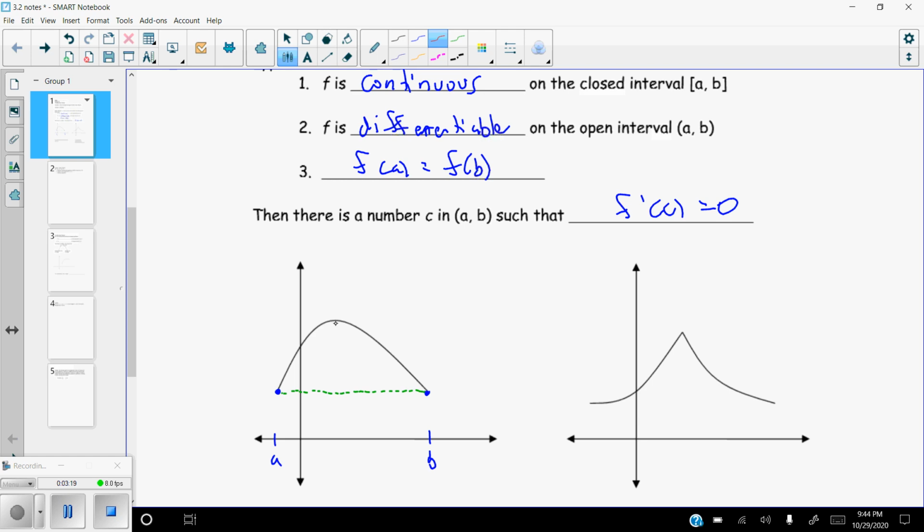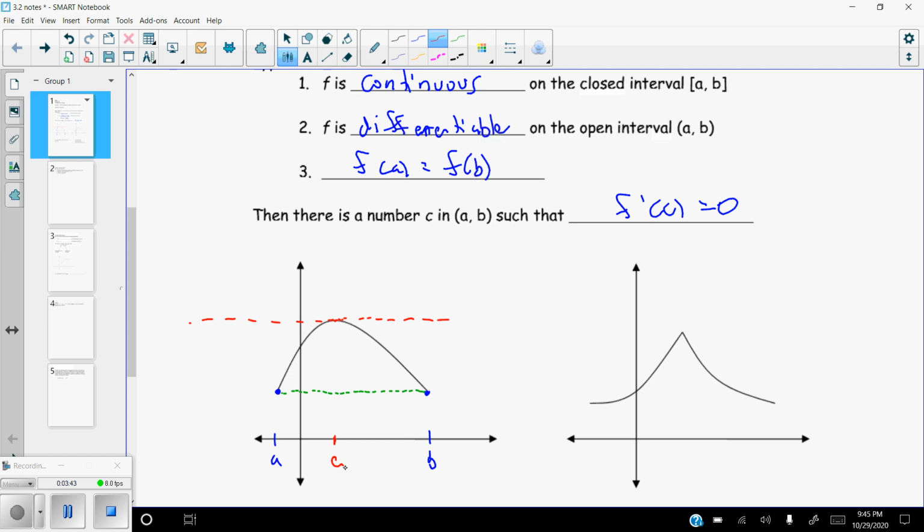And it looks like right there at the top, we have what appears to be a horizontal slope. So the x value associated with that down here would be your c value. And that would be guaranteed by Rolle's theorem if those things are met: continuous, differentiable, and f of a equals f of b.